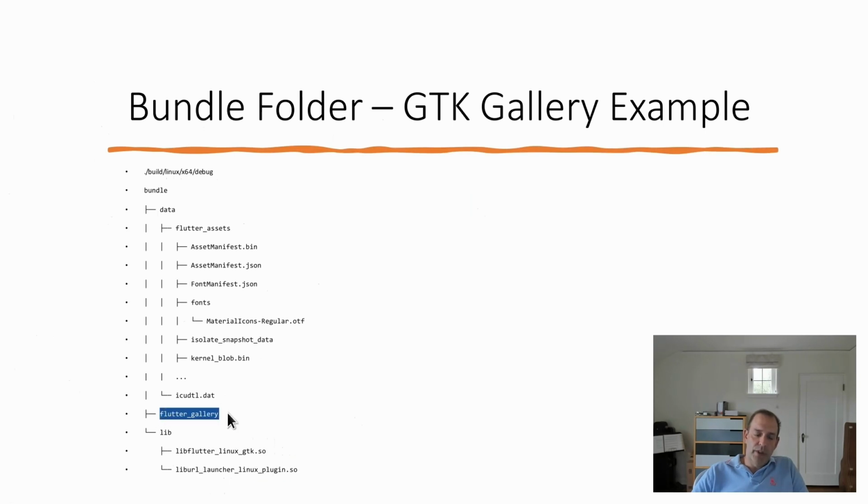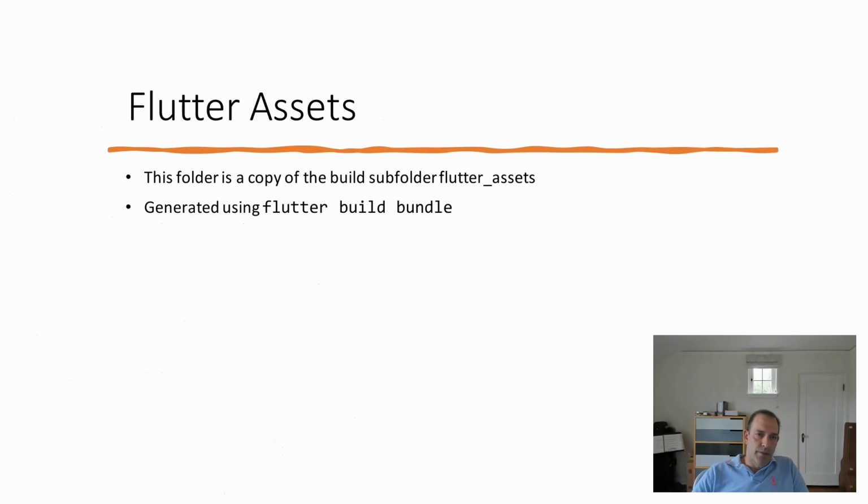So when this executes, the relative RPATH allows it to load the SO files. The flutter_assets folder is a copy of the build subfolder flutter_assets, as I mentioned, and it's generated using flutter build bundle.